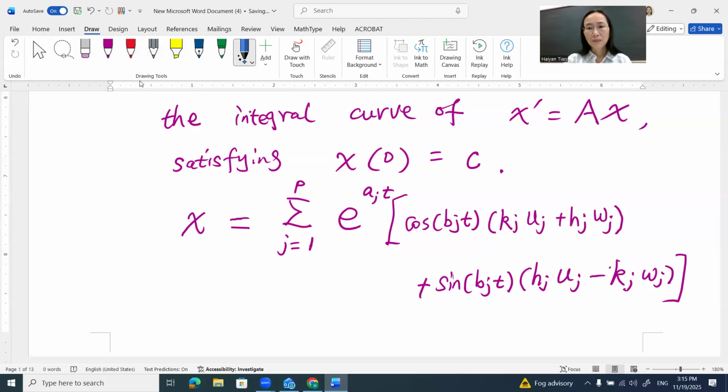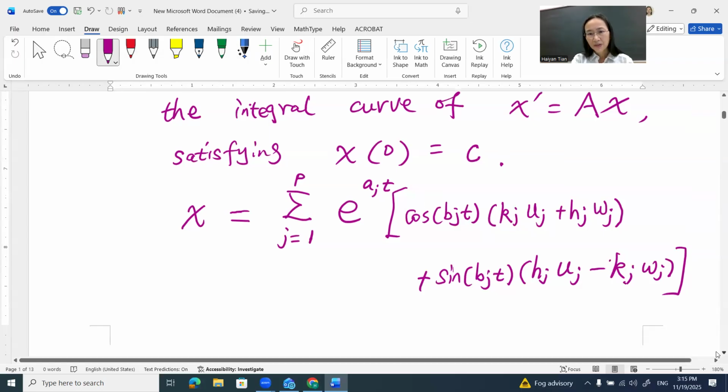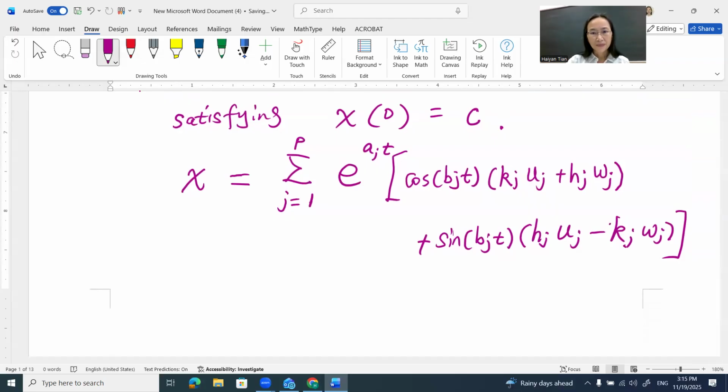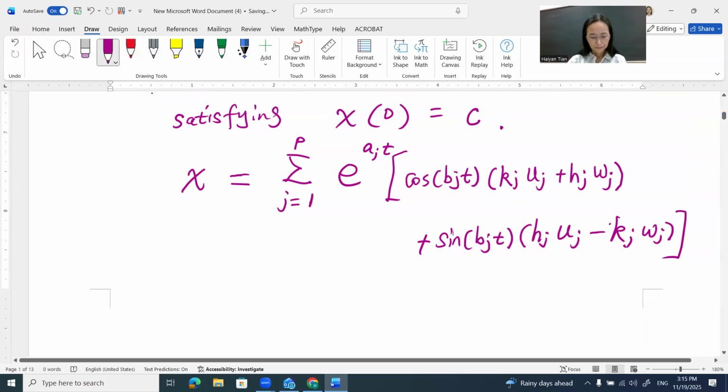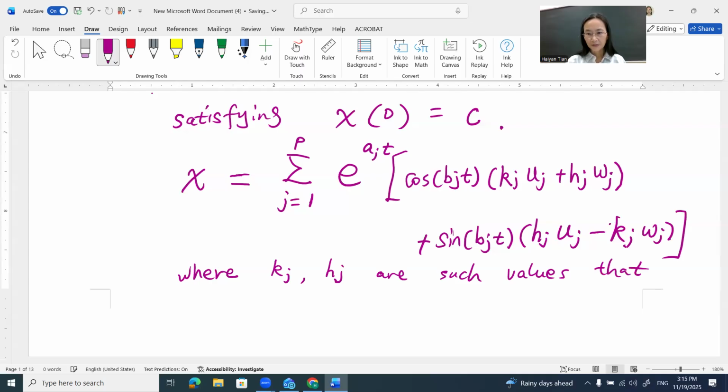We simply impose that the real numbers k_j, h_j should satisfy such values that the following must be true.